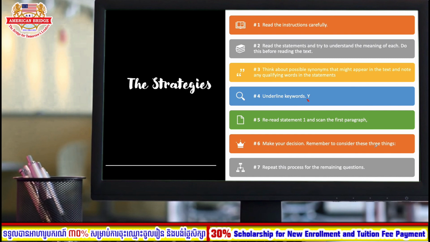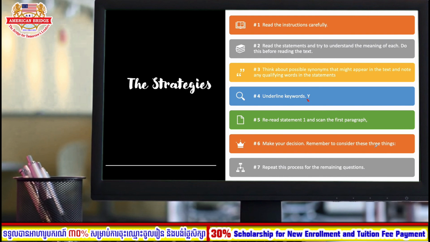Remember to consider 3 things, right? So when you read the passage and then decide whether the statement agrees with the passage, does not agree, or is not given, there are important things to remember. So 3 things. The first one, all those sentences consist of yes, no, and not given, right?